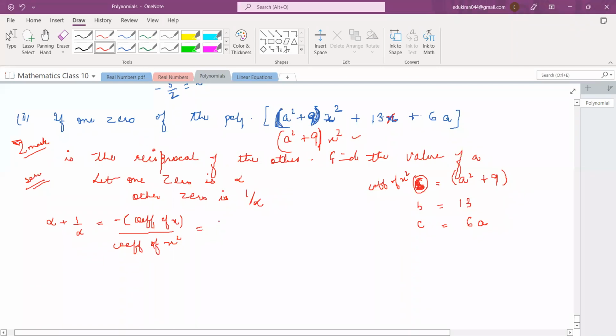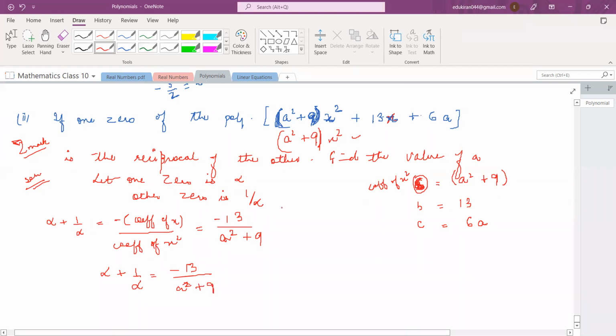The coefficient of x is 13, so minus 13 divided by the coefficient of x square, a square plus 9. So the equation is alpha plus 1 by alpha is equal to minus 13 divided by a square plus 9. This is one condition.